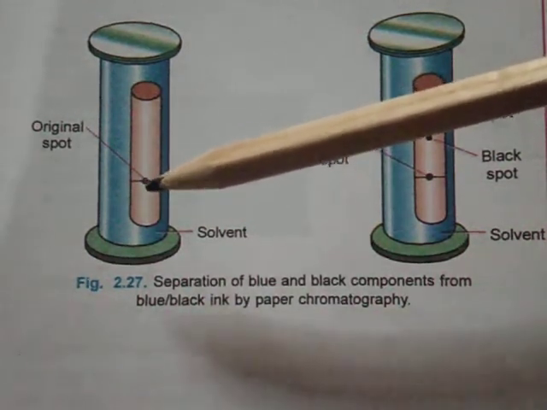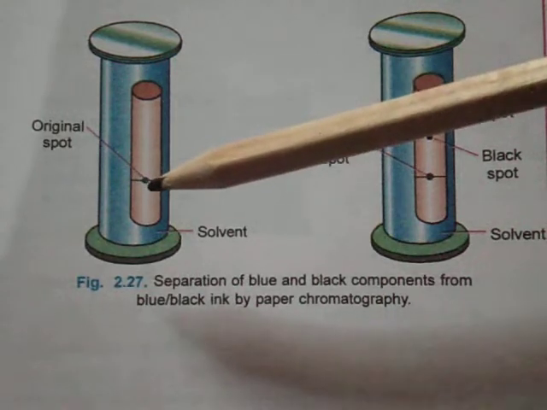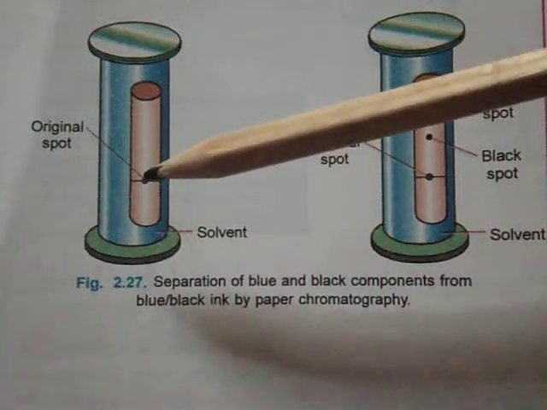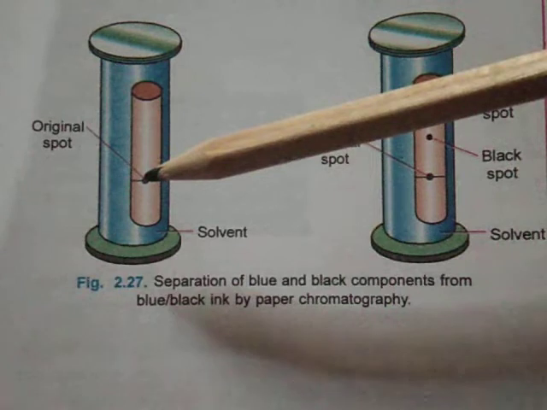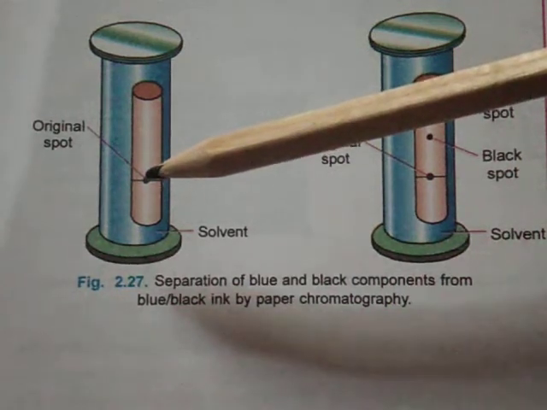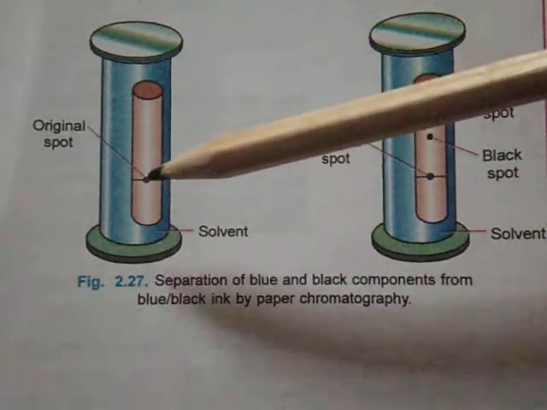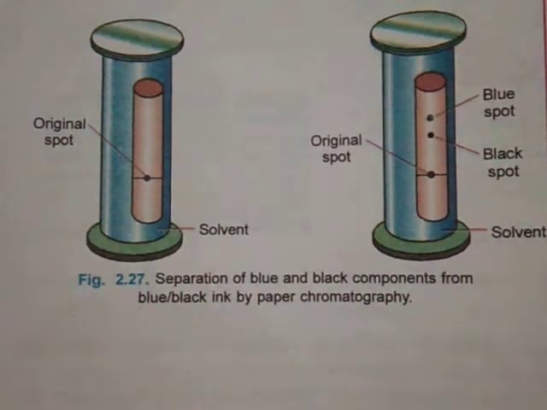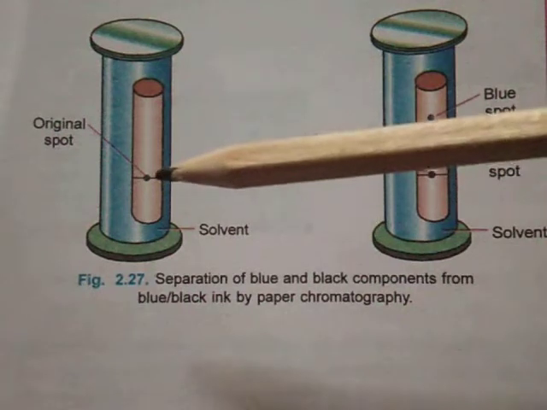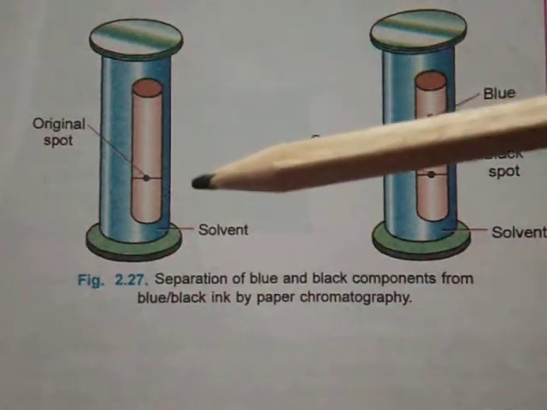With the help of a fine capillary tube, put a small drop of blue black ink mixture in the center of the line drawn by a pencil. This drop. Allow this strip to dry for some time.